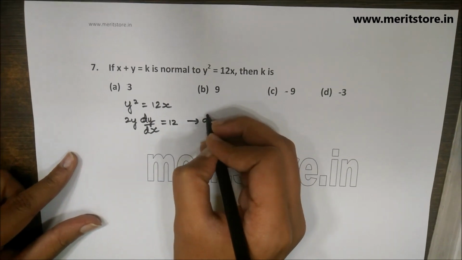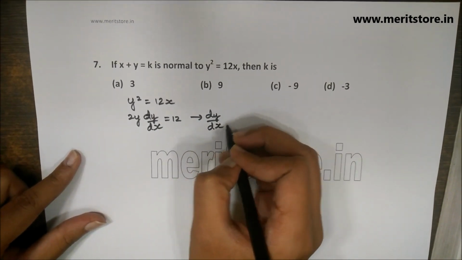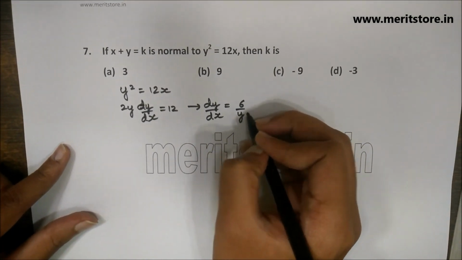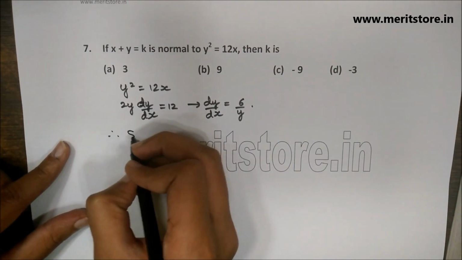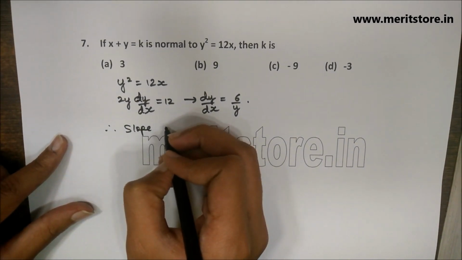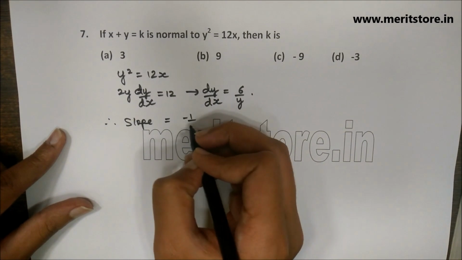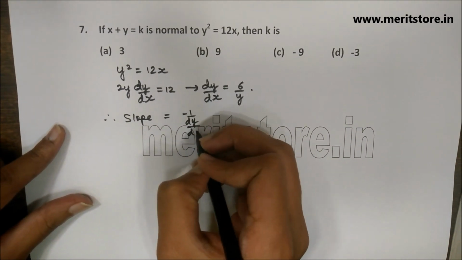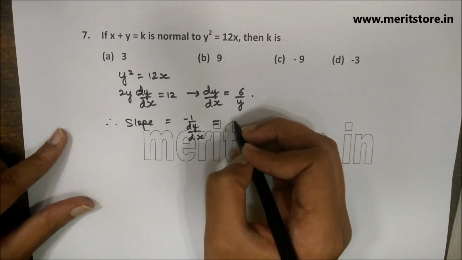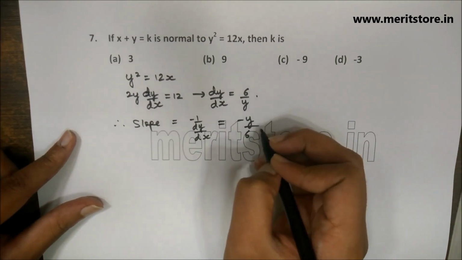So we can write this as dy by dx equal to 6 upon y. Therefore, the slope of the normal is equal to minus 1 upon dy by dx, which is equal to minus y by 6.